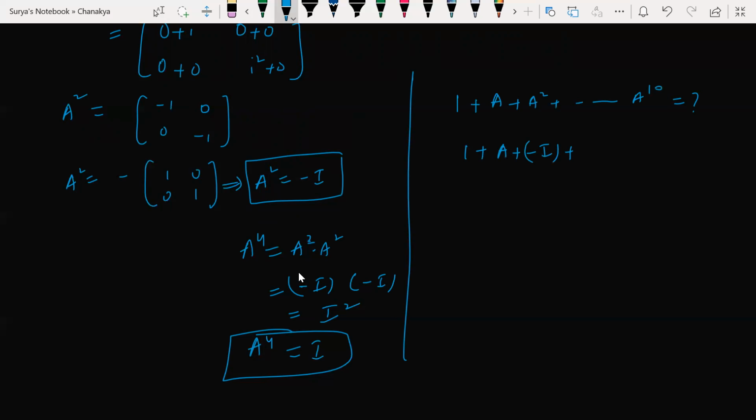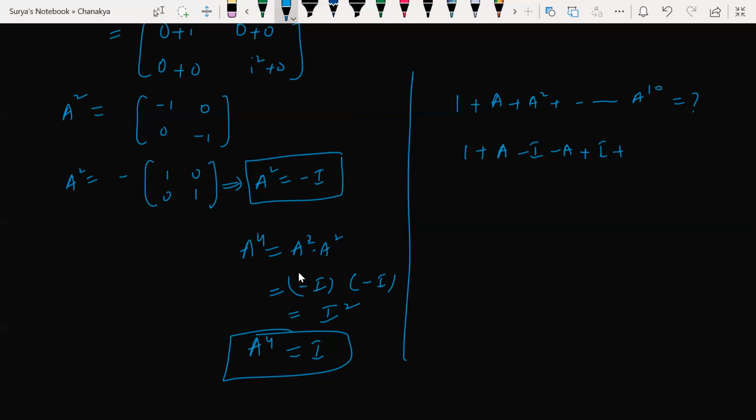A square into A, which can be written as minus A. Guys, think, minus A. And A to the power of 4 is I. So here let us write minus I, minus A, and A to the power of 4 is I again.